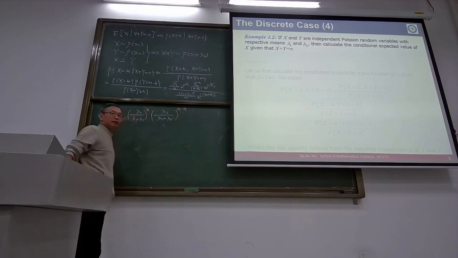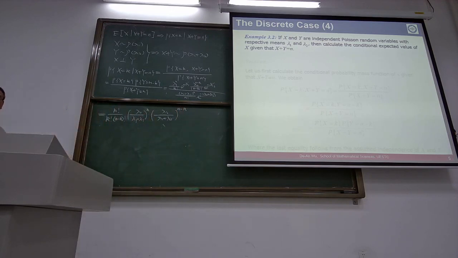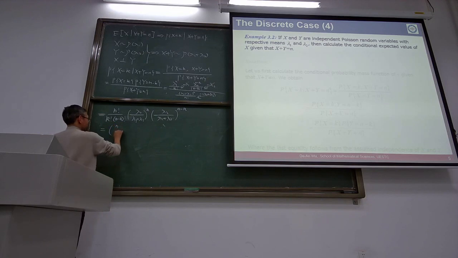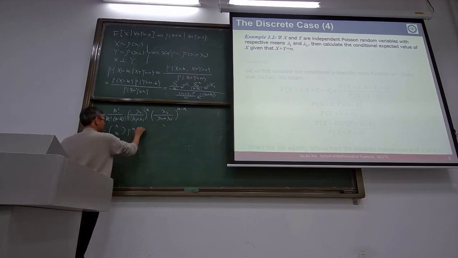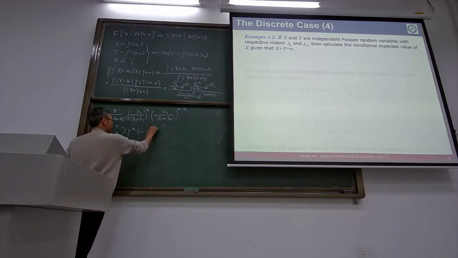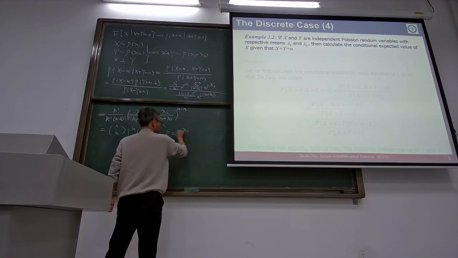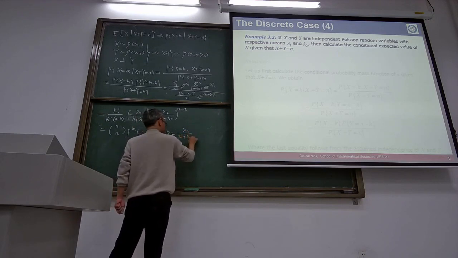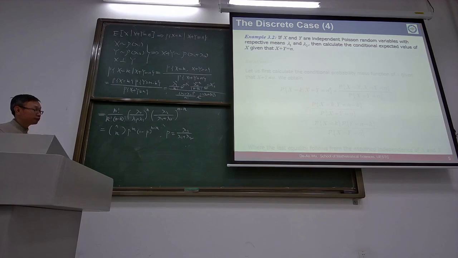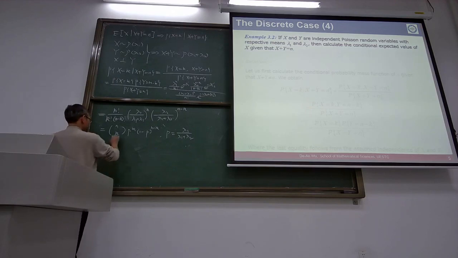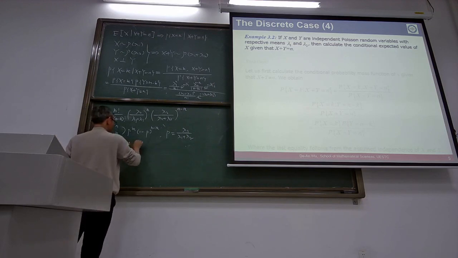What is this? This just equals n choose k, t to the k, 1 minus t to the n minus k. Here t just equals lambda 1 over lambda 1 plus lambda 2. Just binomial with parameter n and lambda 1 over lambda.